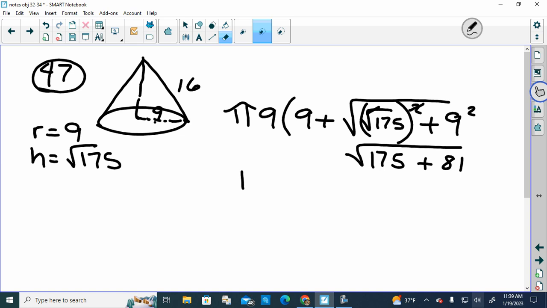So we still have the pi, 9, and this 9 still here. We added those two together, took the square root, and that became 16. Okay, so now add those two together, and then times it by what? 9. And we're leaving it in pi, we're not multiplying it.